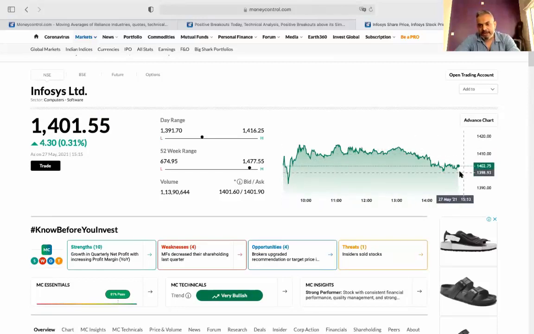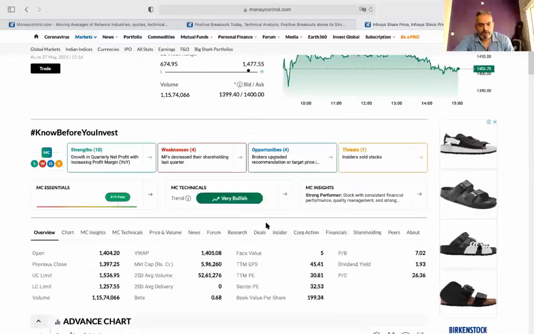Right now it's just 3:16, so at 3:30 we will get the ending point. You can see the day range, which is what you studied in measures of dispersion. Then the 52-week range: in the last 1 year, what was the highest, what was the lowest, volume and all later.